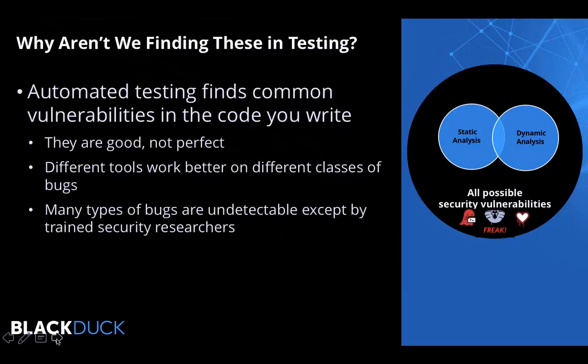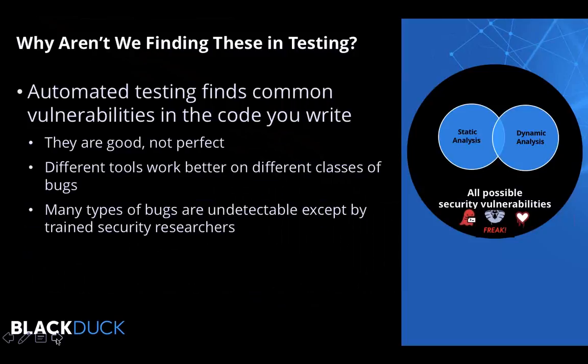We asked the same question with dynamic analysis, and then whether it could be found by a security researcher. And you can see, I don't remember the exact numbers, but say it was 300 out of 600 or 350 out of 600 that theoretically you could identify with static analysis, and a similar overlapping number with dynamic analysis. Then there's this whole world of weaknesses that couldn't even theoretically be identified by either. And open source vulnerabilities fall into all of these categories.